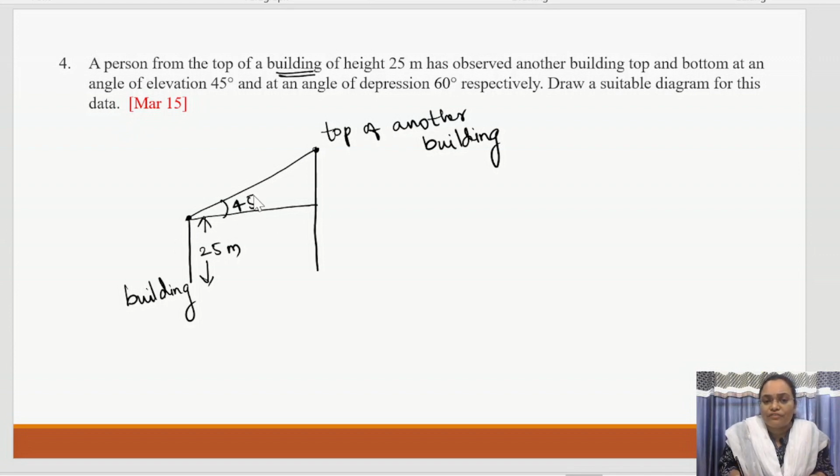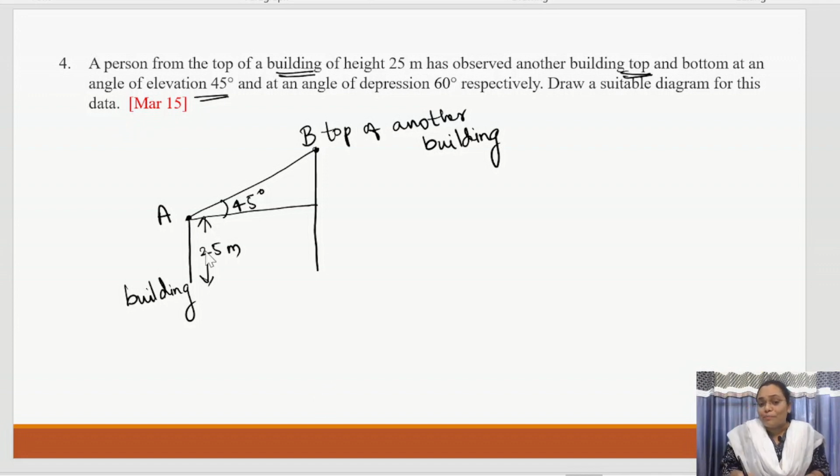It is 45 degrees. Person A has observed the top of the building with an angle of 45 degrees. Angle of elevation has been formed.